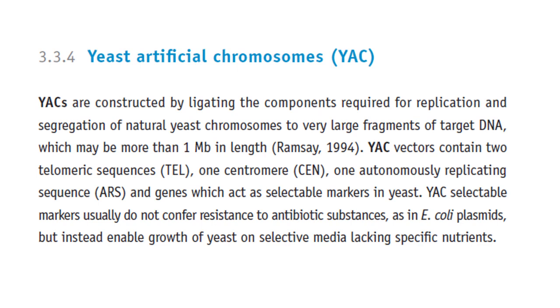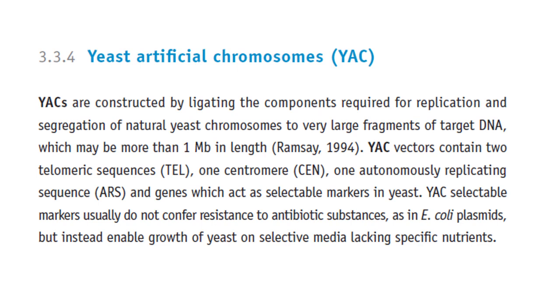Yeast artificial chromosome. This is a linear kind of vector. It contains telomeric sequences noted as TEL, centromeric sequence CEN, and autonomously replicating sequence ARS, which are important for YAC vectors.